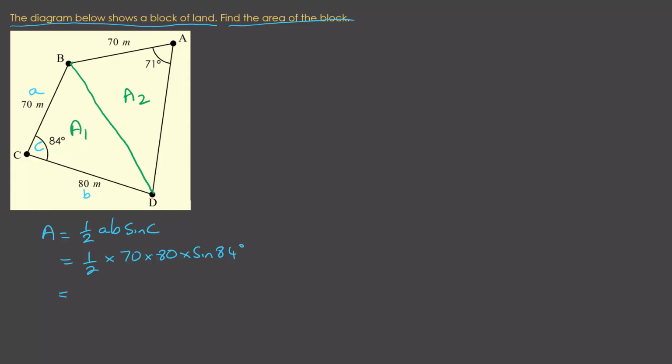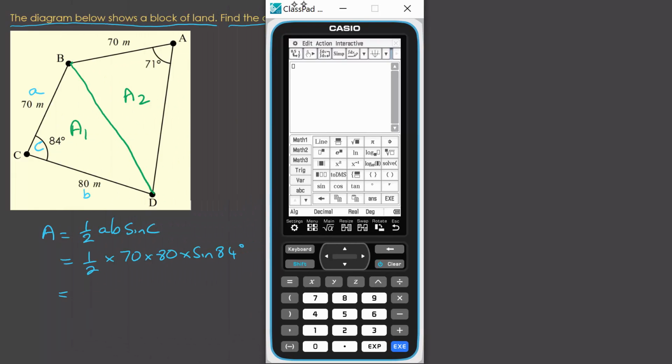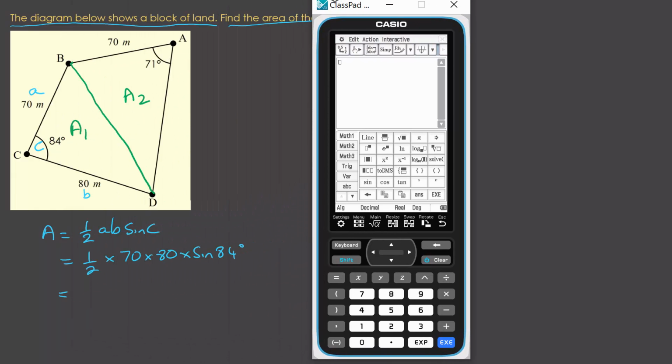And I can calculate that. Now my plan is to give my final answer correct to the nearest square meter. So what I'm going to do with this one, 0.5 times 70 times 80 times the sine of 84, I'm going to keep that to one decimal place.